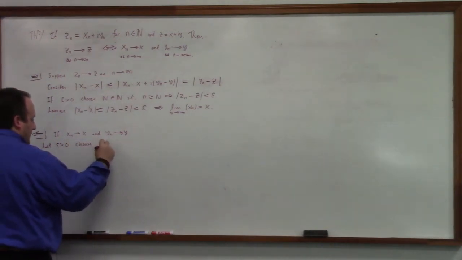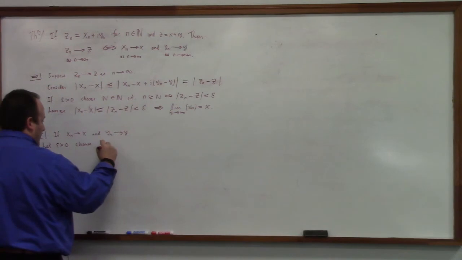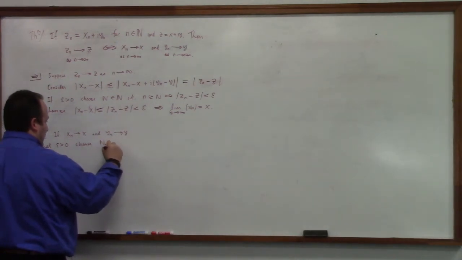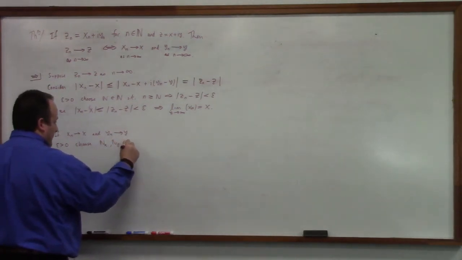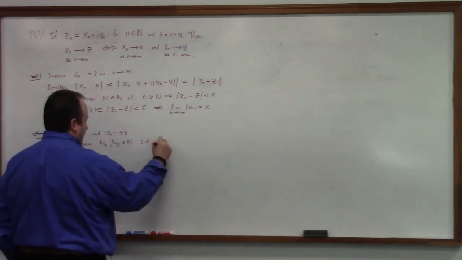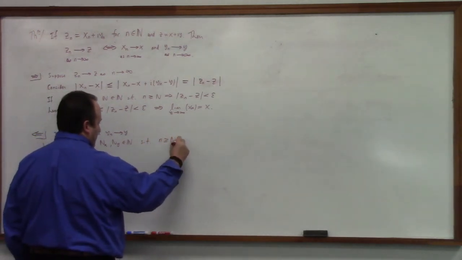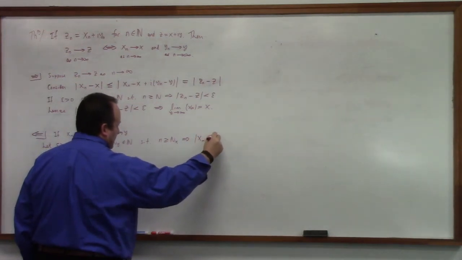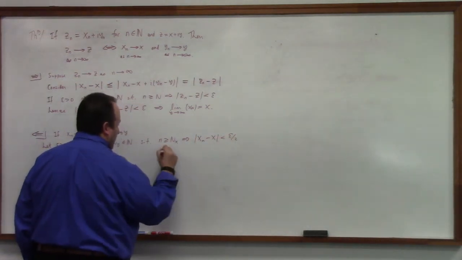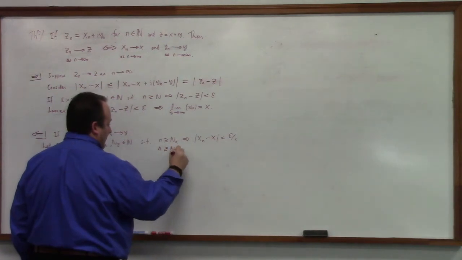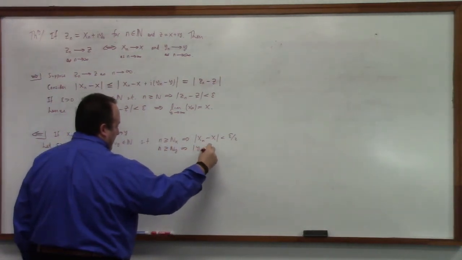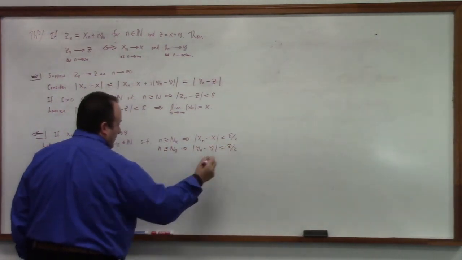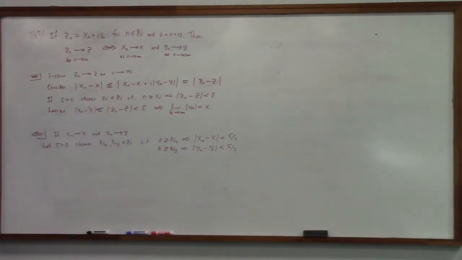Choose nx and ny natural numbers such that n greater than or equal to nx implies the modulus of xn minus x is less than epsilon over 2, and n greater than or equal to ny implies modulus of yn minus y is less than epsilon over 2. We can do that because we're given that the limits of xn and yn exist and are equal to x and y respectively.